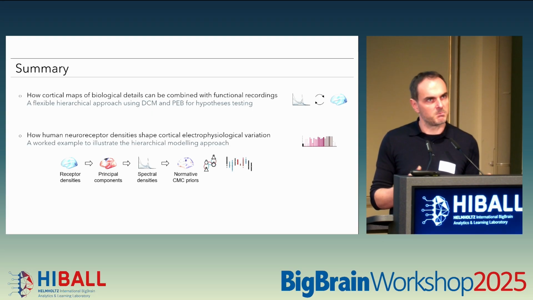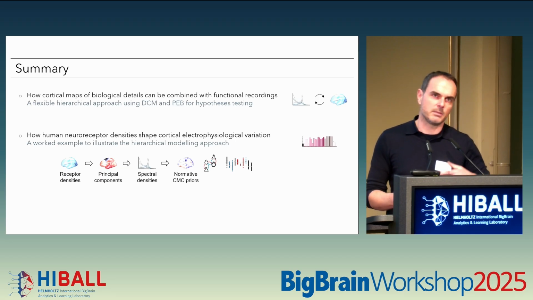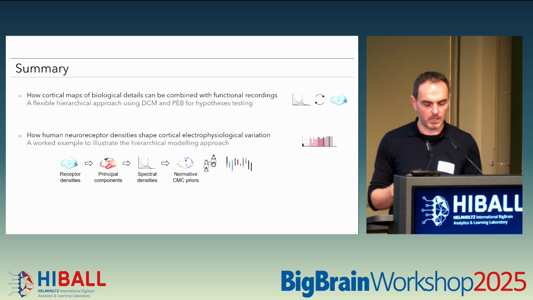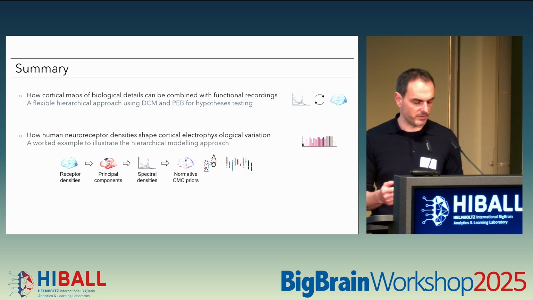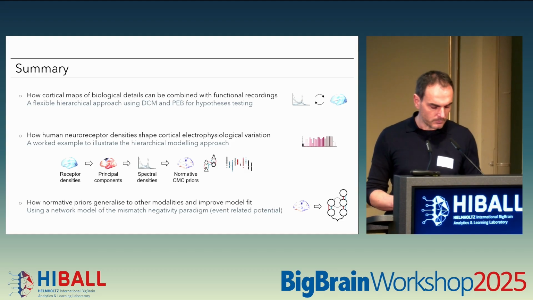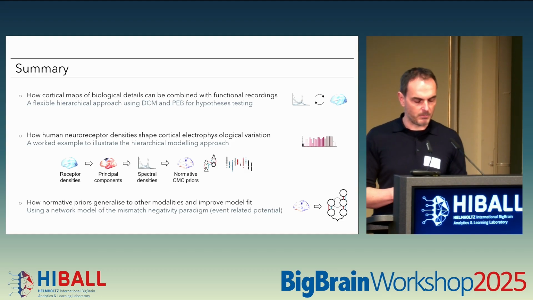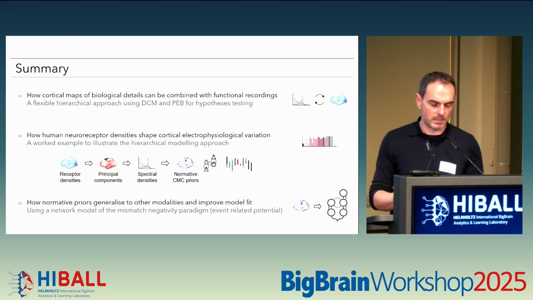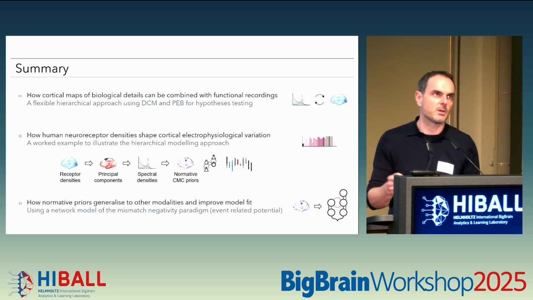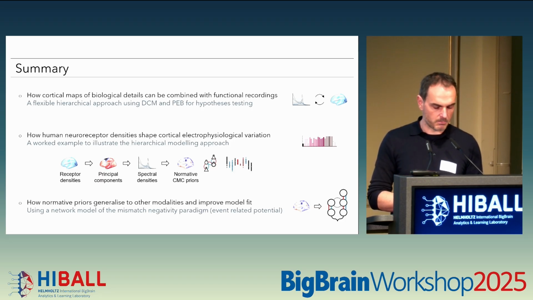So this is an interesting approach to quickly integrate a very flexible dynamic model with a lot of neurobiological data to test different hypotheses. And as I showed in the last slide, we used the priors derived in our case for a well-known paradigm, and that worked and improved model fit.